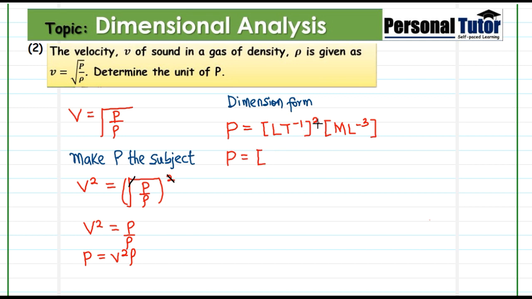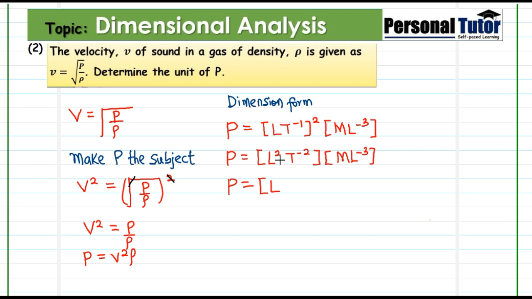Okay. But first, let's expand this. This square here goes for the L as well as the T. And so when expanded, you will have L square, but this will be T negative 2. The other one remains as M L exponent minus 3. Expanding, there is L, and there is another L here. So you write one of them. Because you are multiplying, the exponents are added.